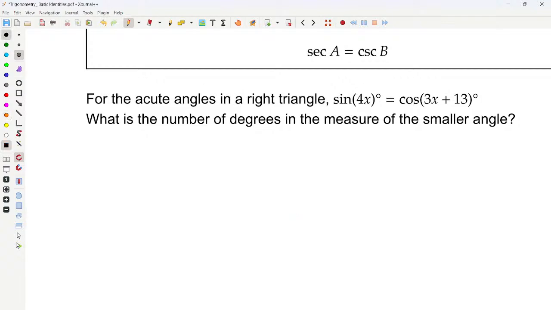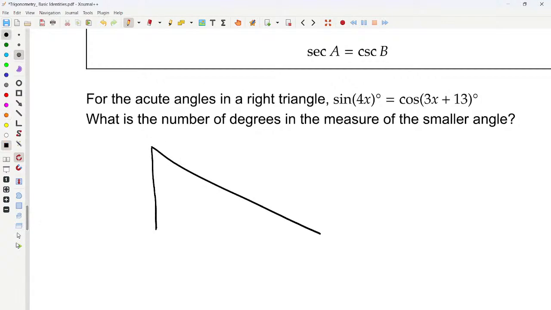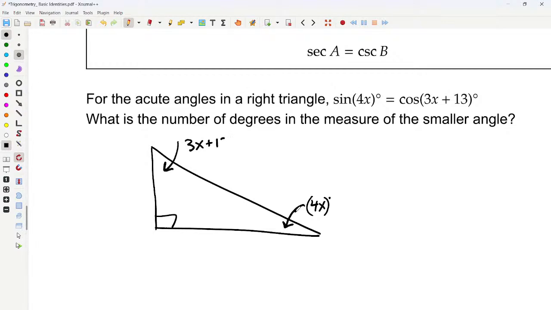I don't think we need a picture for this, but I'm doing it anyways. It's saying like, hey, one of these angles is 4x. The other one of these angles is 3x plus 13. Now, I don't want to deviate from the question. I just want you to understand this is what it's saying. It's saying not the right angle, but these two other angles.